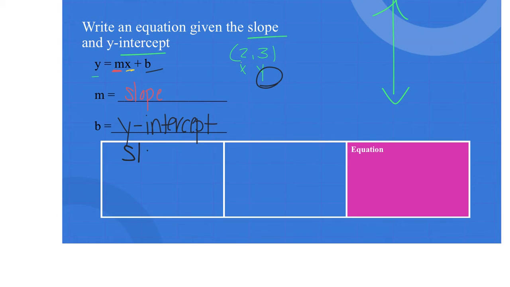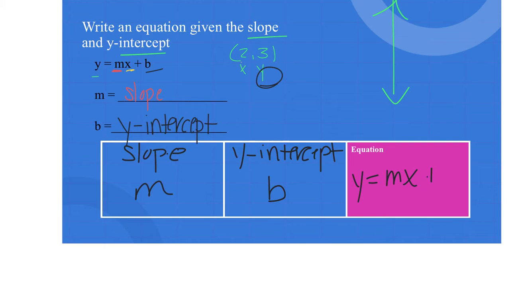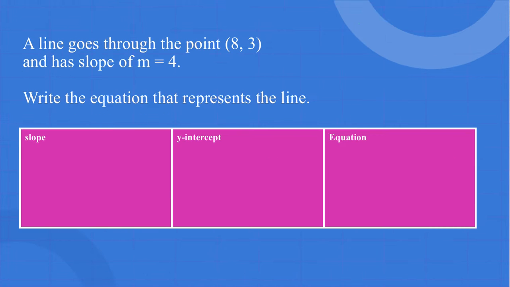We've got slope, which is represented as m, then our y-intercept, and that stands as b. So then you have this equation, y equals mx plus b. Our next part, we're going to put things into those slopes and y-intercepts so we can write an equation for our line.